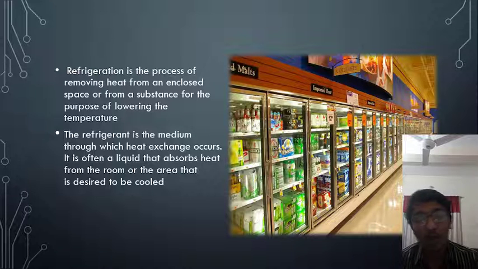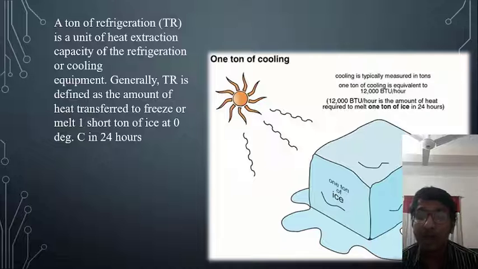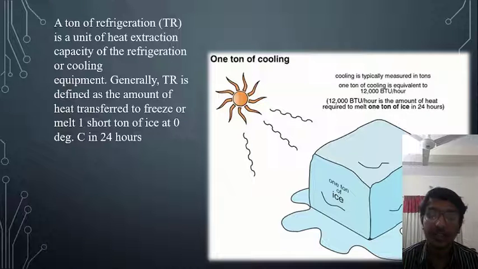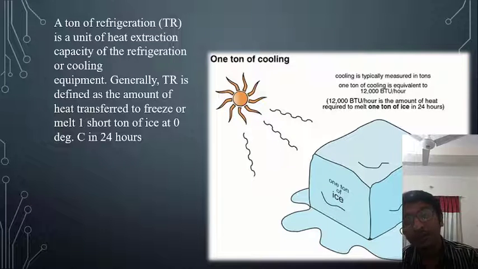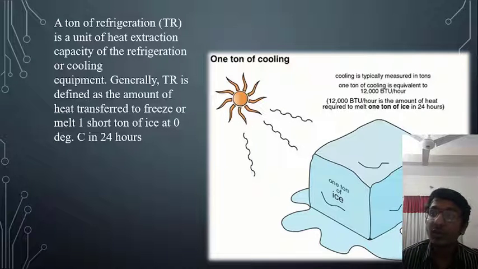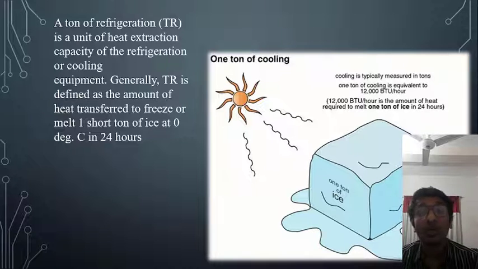Tons of refrigeration. Tons of refrigeration is a unit of heat extraction capacity of refrigeration or cooling equipment. 1 ton of refrigeration is the heat transfer amount to freeze or melt 1 ton of ice from 0 degree centigrade to 0 degree centigrade in a time period of 24 hours.